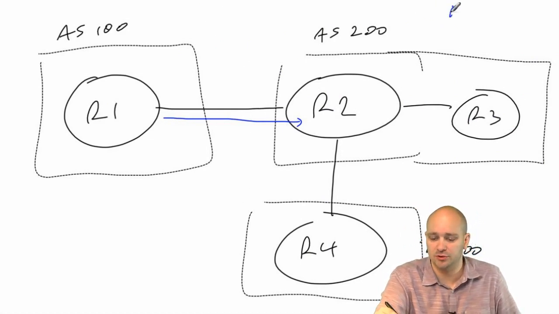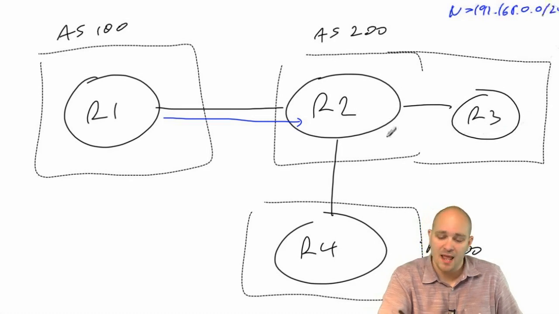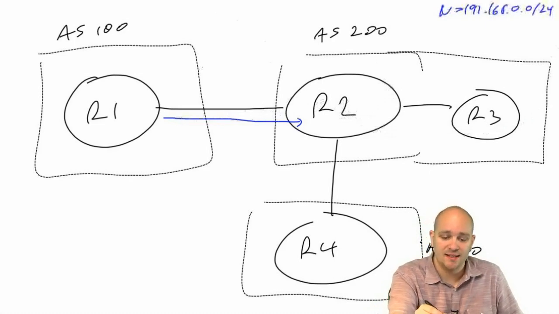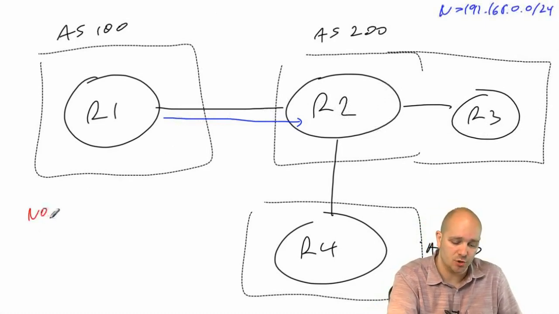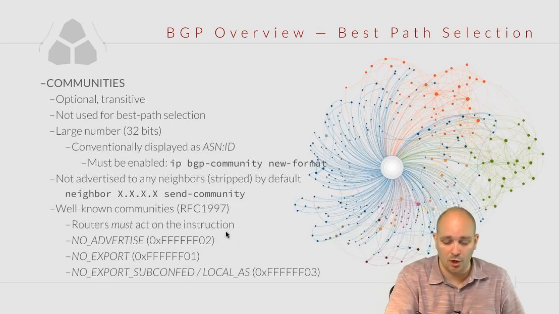And when I say route, let's say that we are talking about 192.168.0.0/24. So what we want here is if this route here carried the no advertise community. And by the way, in iOS, you don't have to remember this really large number for it.